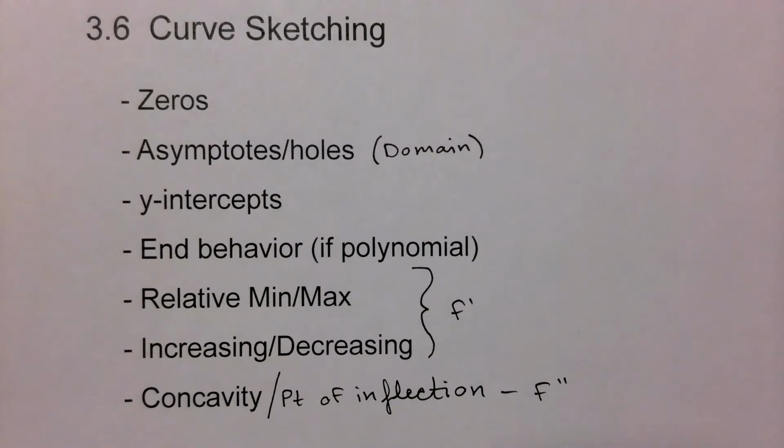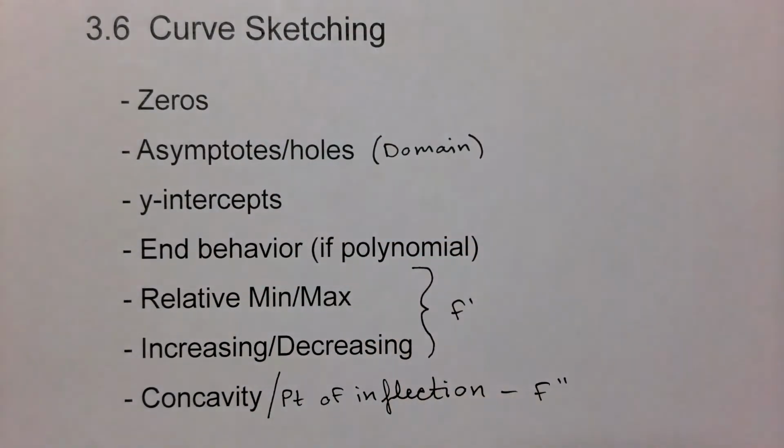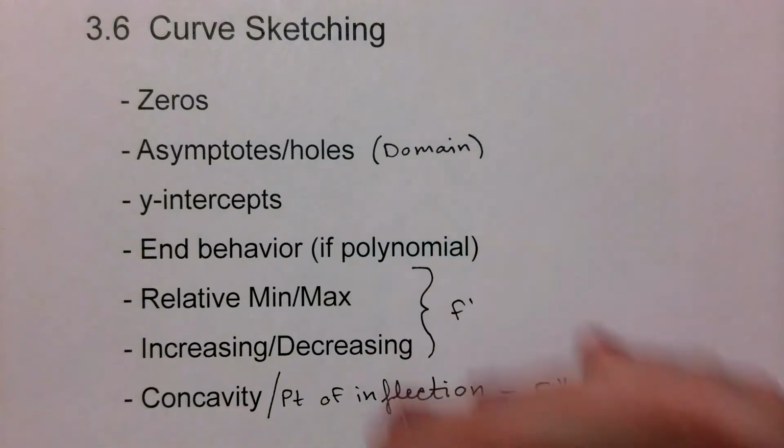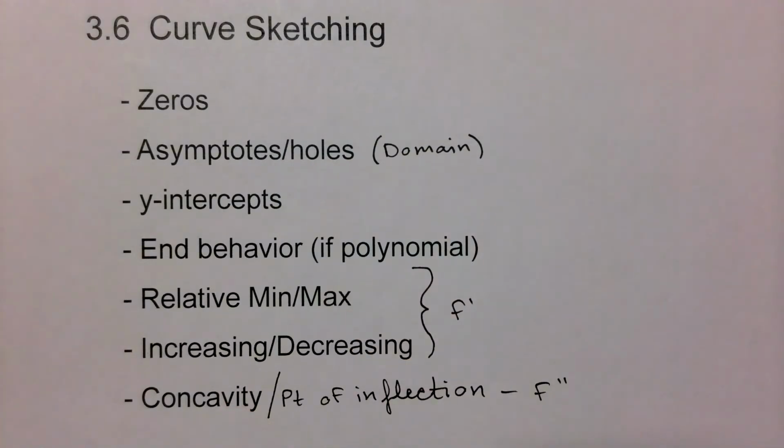So before calculus, we could get to this point, but we couldn't really know where mins and maxes were. We could kind of guess. We didn't really know where it was going to be increasing, decreasing, or where the concavity was going to change. So that's the new part, that we're actually able to sketch accurate graphs.